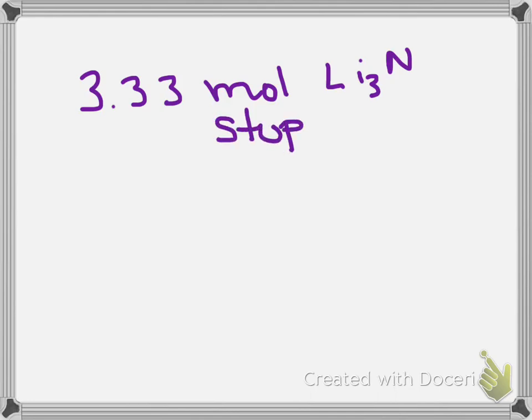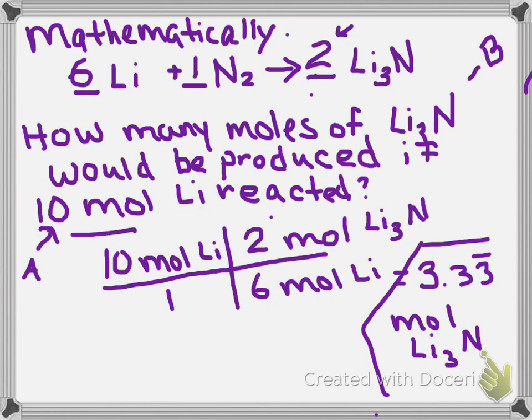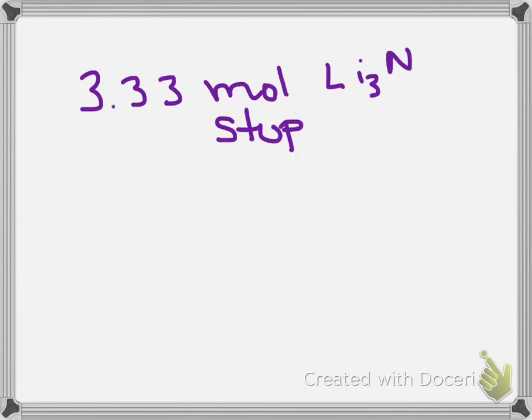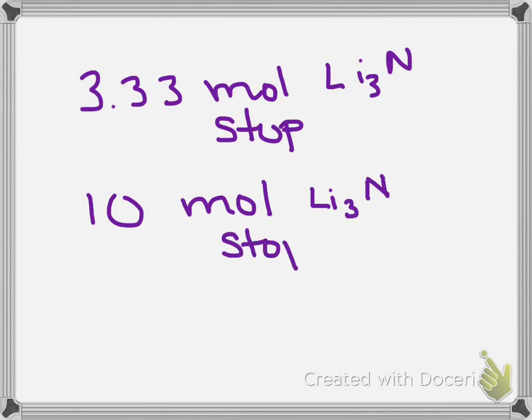Now go back to the nitrogen. If we were to use up all 5 moles of nitrogen, that would give us 10 moles of lithium nitride. So in all of these examples from now on, when we're looking at limiting reactant, or what runs out first, we're always going to compare the 2 reactants.